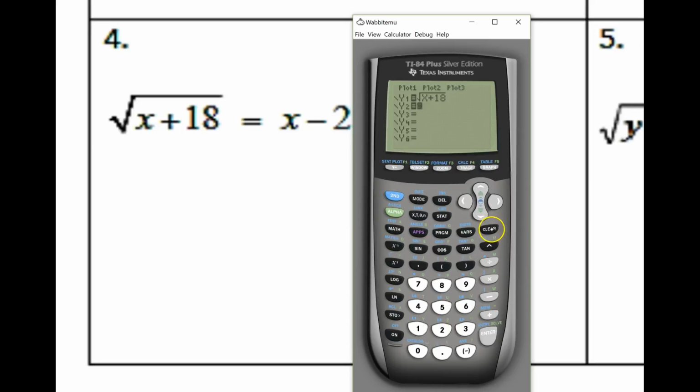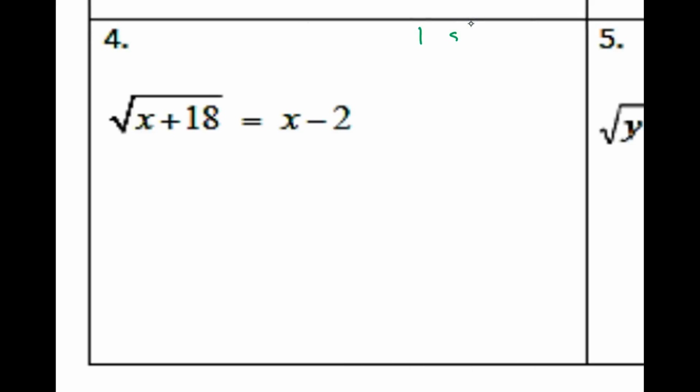So, y equals, I'm going to put square root of x plus 18. And on the other side, I'm going to put x minus 2. And I'm going to graph it. How many solutions should I end up with? 1 solution. All right.